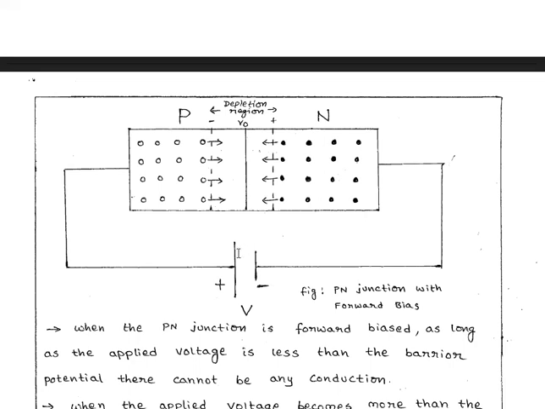That is, the voltage at which the potential barrier will be eliminated and allows the current to flow through it. That voltage is the cut-in voltage or threshold voltage. For germanium, the cut-in voltage is 0.3 volts. For silicon, it will be 0.7 volts. This is all about forward bias of PN junction.